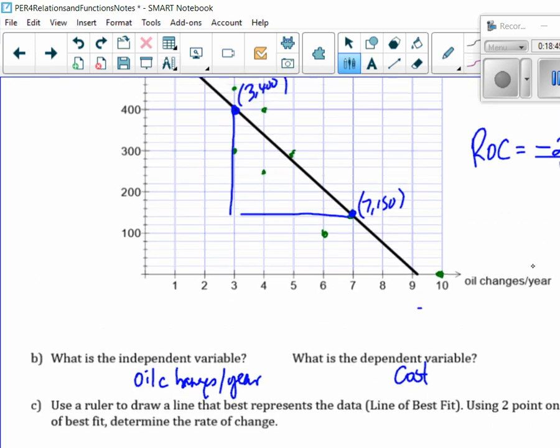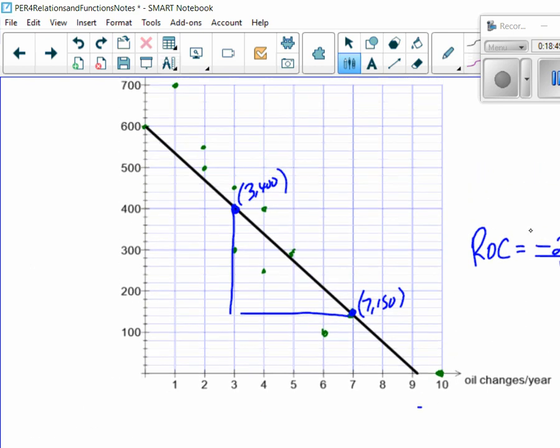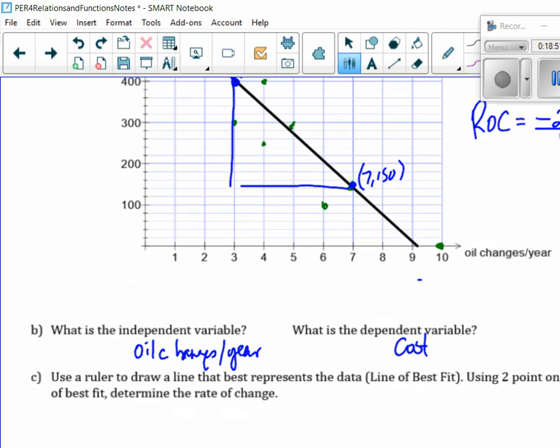What's my equation then? Cost equals my rate of change, which is negative 62.5. What are we going to use for oil changes per year? The only thing with O is it looks like a 0.